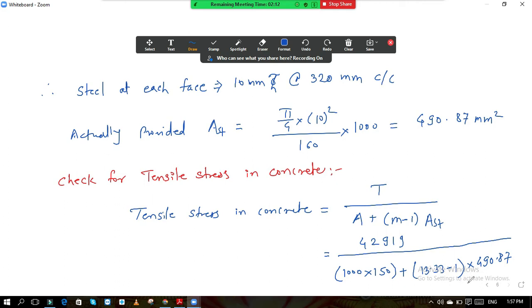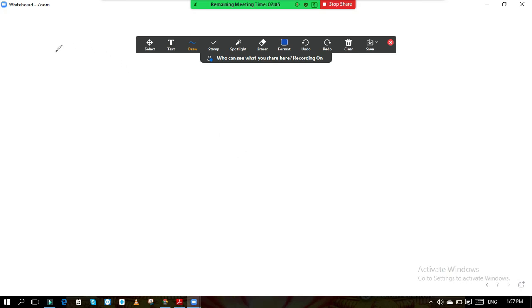These values all we have kept over here. So after solving this, we get tensile stress in concrete equal to 0.275 Newton per mm square. This is the tensile stress.